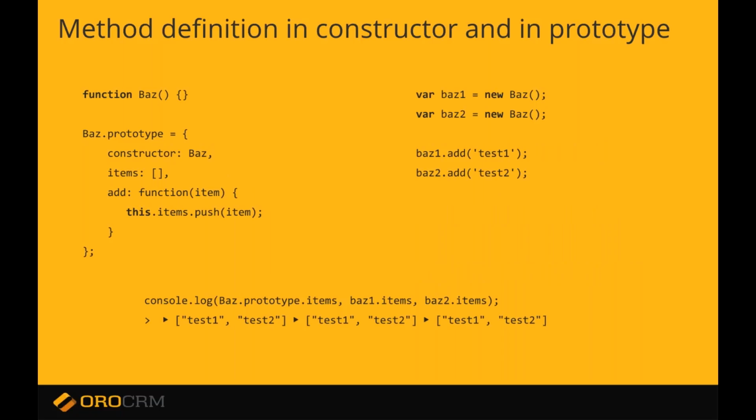Let's look at another example where developers often make mistakes. Let's create a constructor, create a prototype for the constructor, and add into the prototype a property items, which is not scalar, it's an array. And add a method called add. This method will push items into our items collection.